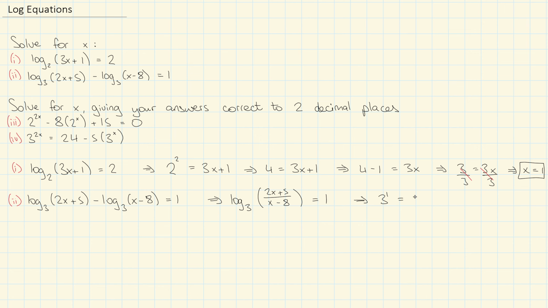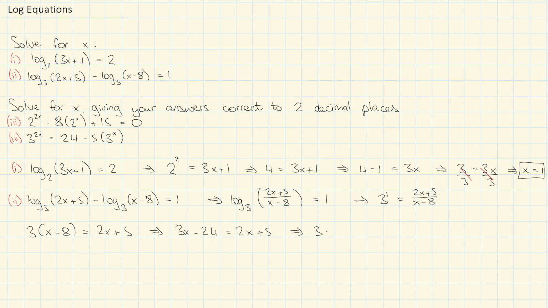I've gone as far as I can here, so I'm going to convert to indices notation. 3 to the power of 1 equals 2x plus 5 over x minus 8. 3 to the power of 1 is 3, and I'm going to cross multiply by x minus 8. Multiply out that left bracket, and we get 3x minus 24 equals 2x plus 5.